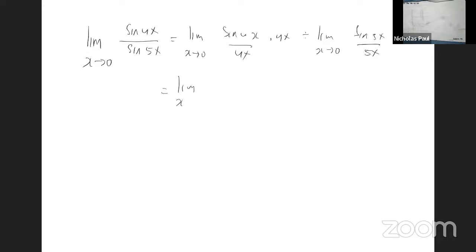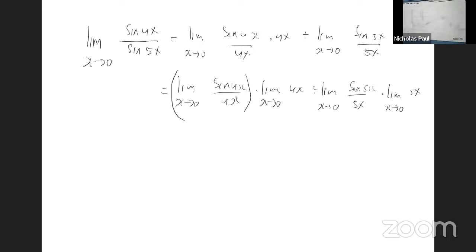That'll be equal to the limit as x approaches 0 of sine 4x on 4x by the limit as x approaches 0 of 4x, divided by the limit as x approaches 0 of sine 5x on 5x by the limit as x approaches 0 of 5x. This value here is 1.